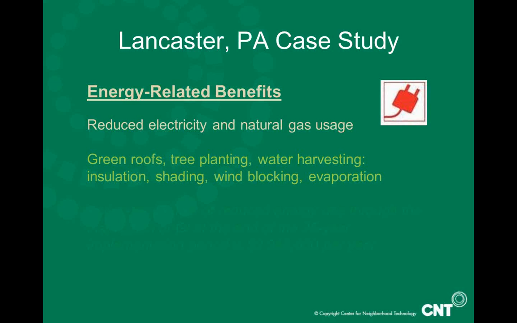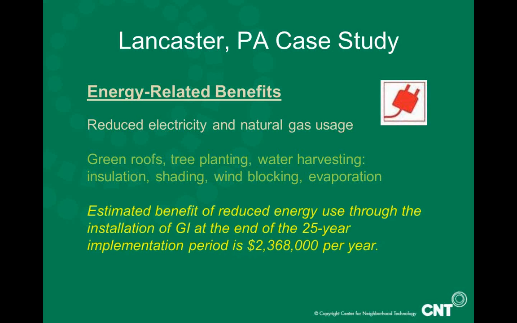And those are underneath. That's just the kinds of effects that those practices have. And the resulting number is $2 million a year from those practices in the energy category. So we would add that to the dollars in the benefit in the water category.